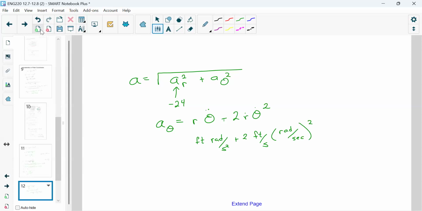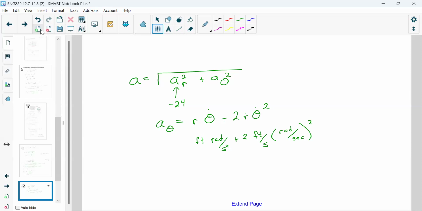But a sub theta is gonna be in feet per second squared. I don't think so. I end up with a second cubed over there.